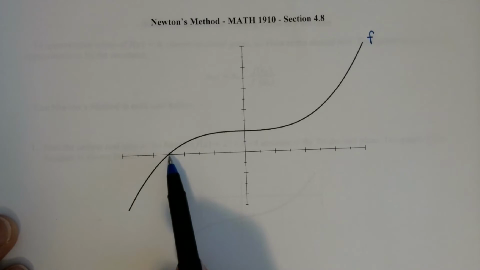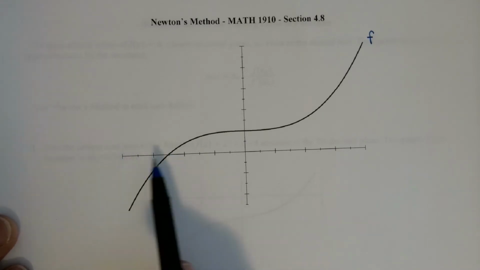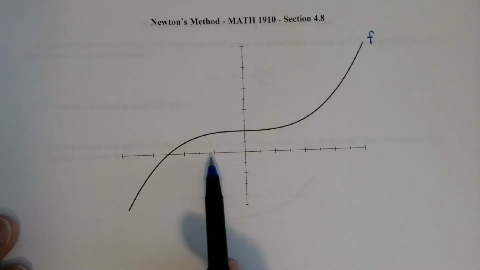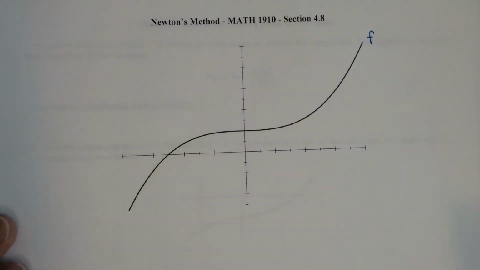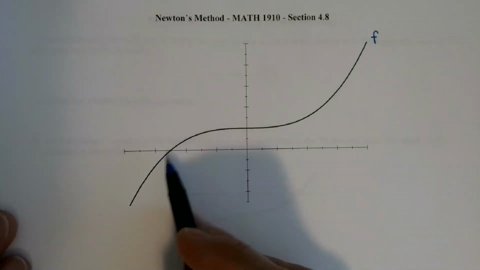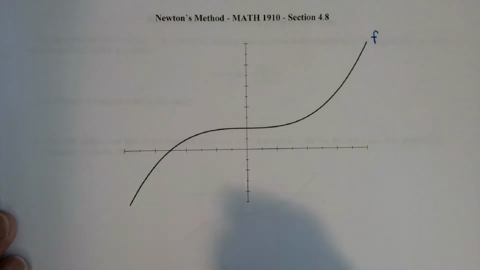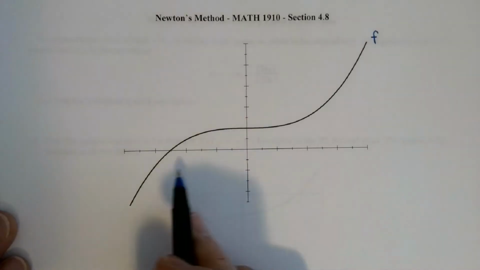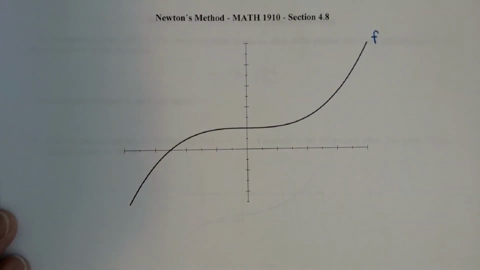Basically where it crosses the x-axis here. Now I've turned off the scaling here, or the labeling. You don't really know what the distance is between each of these tick marks, and that's not the important part right here. But clearly we're trying to find what this value is. What's the value of x, right? If this is the y-axis, then in this case it's probably some negative value of x.